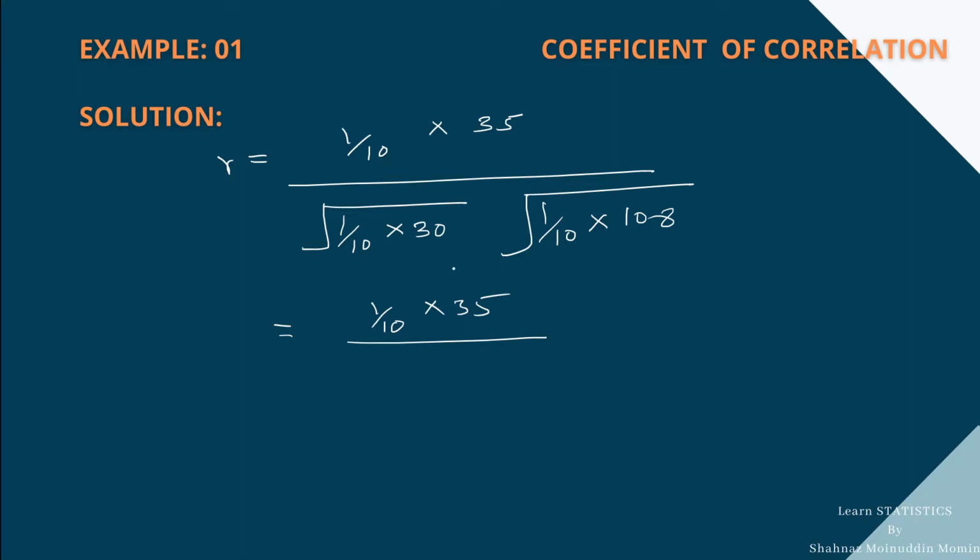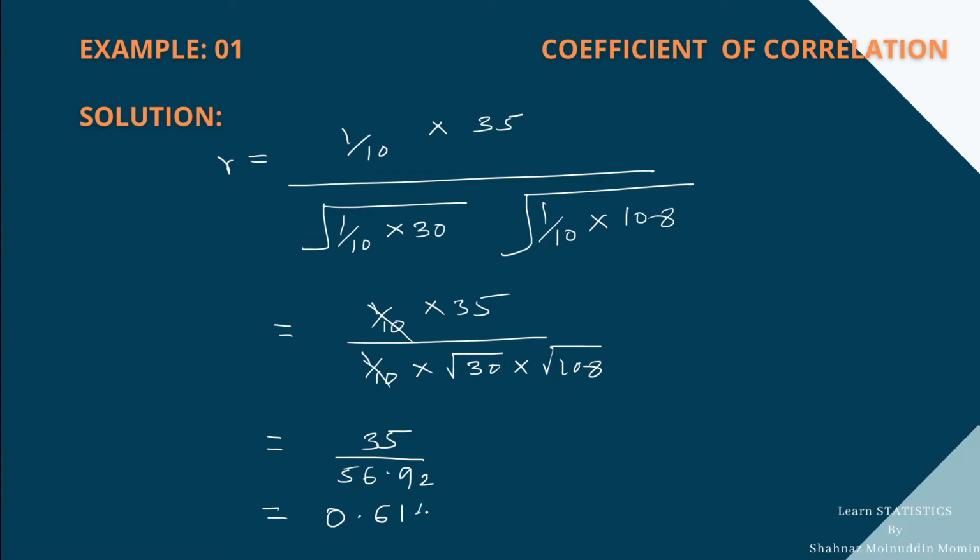I will take 1 by 10 common from the denominator. So it is 1 by 10 multiplied by under root 30 into under root 108. This gets cancelled and the answer is 35 divided by 56.92, and after calculating the ratio we get 0.61488.